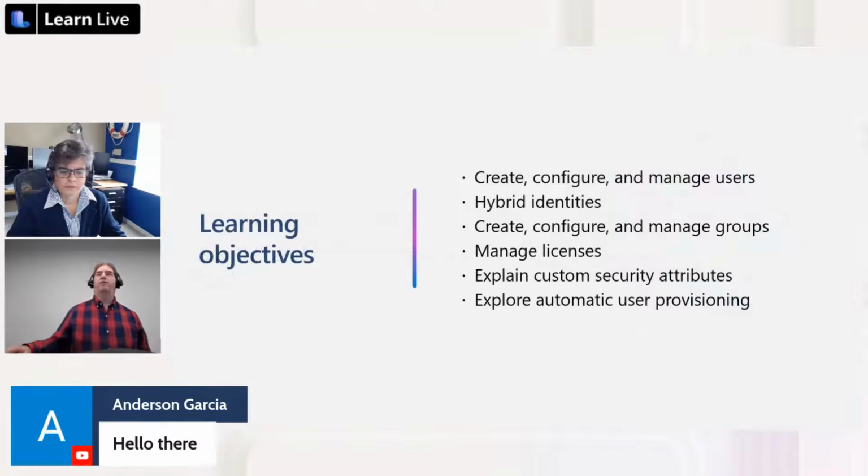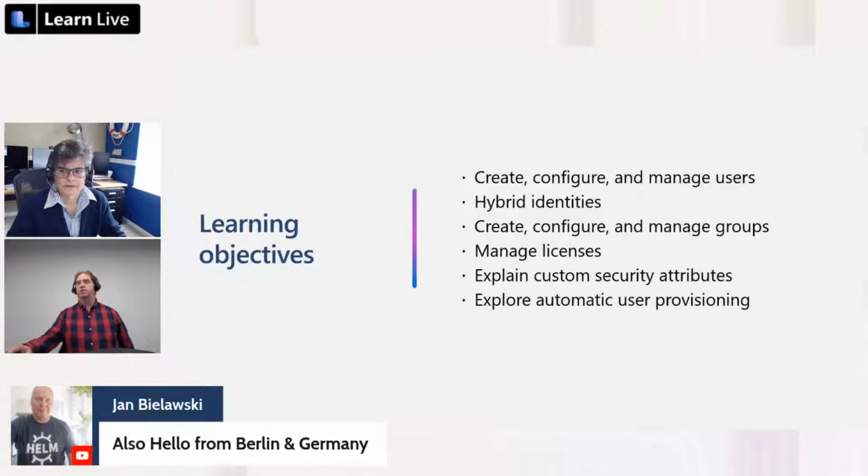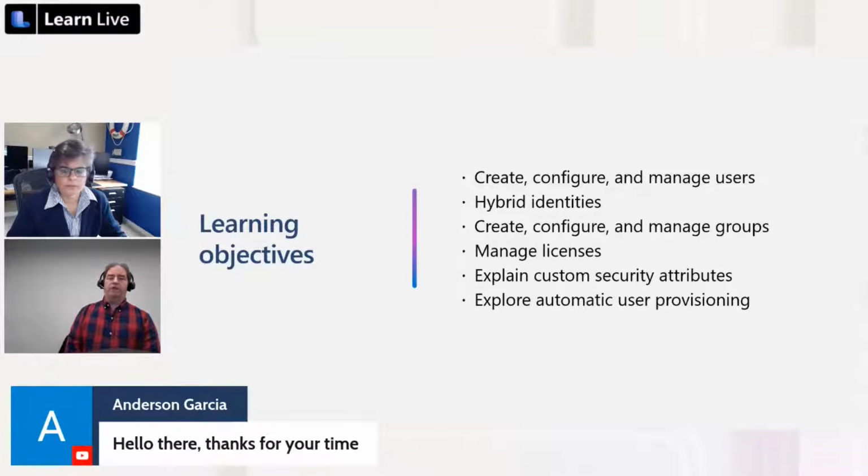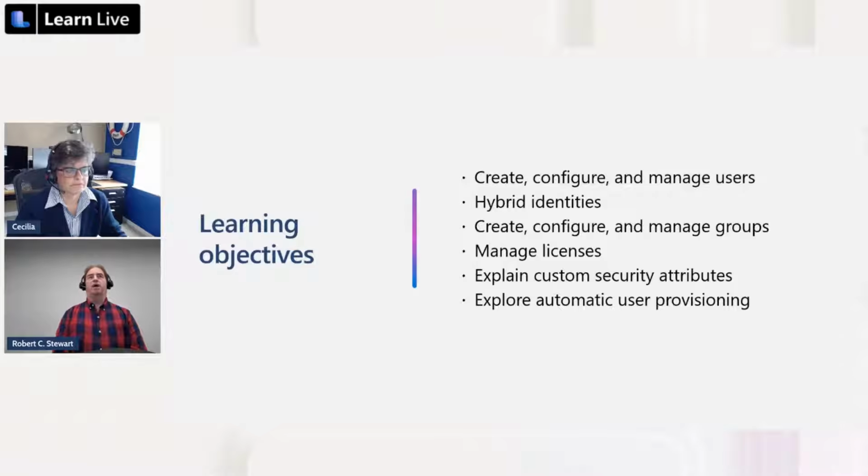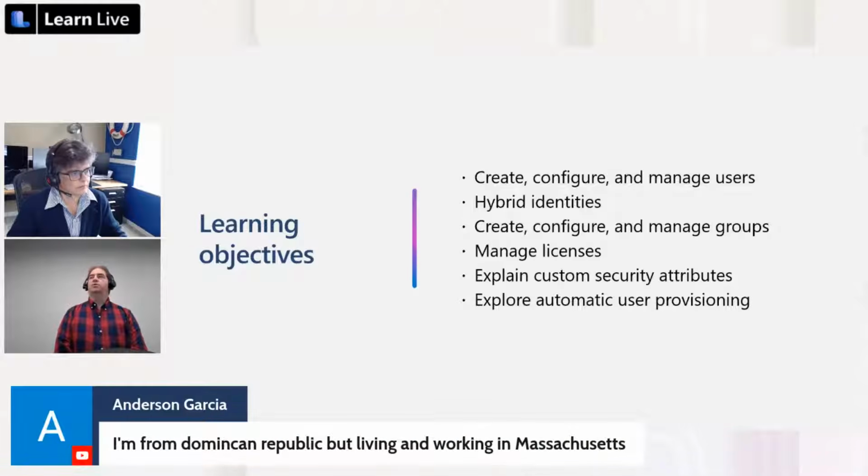And with that, I will move over to our learning objectives today. As I mentioned earlier, this is a module about creating and managing identities. First of all, we'll start out with creating and configuring users. We will move then into hybrid identities, both for your users and for your devices.